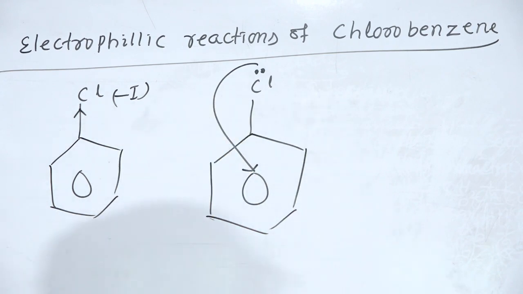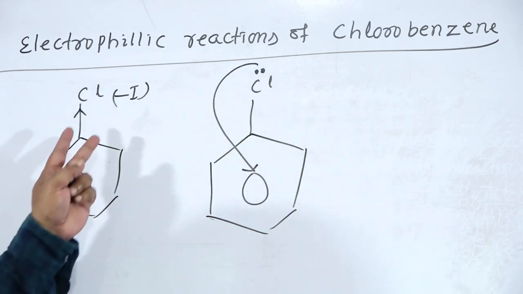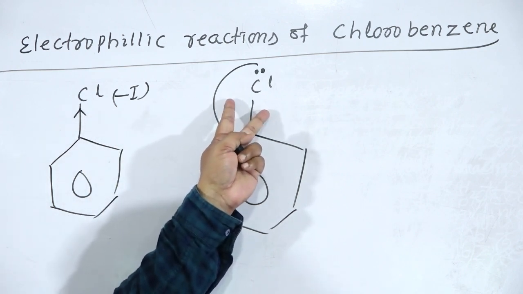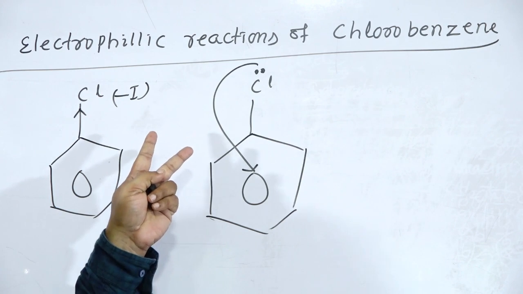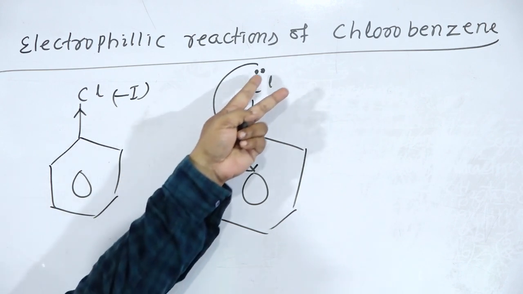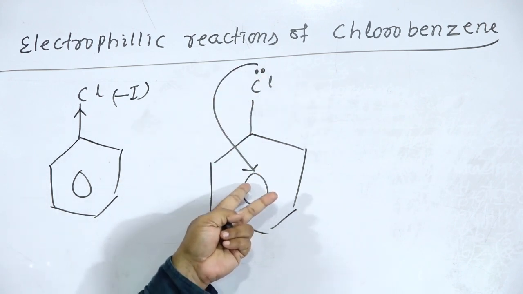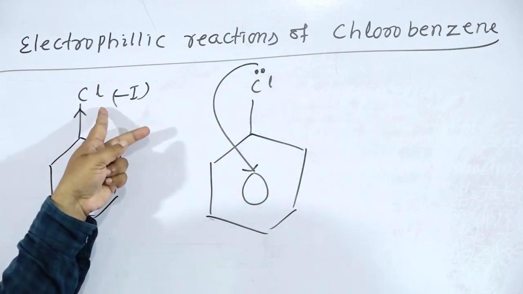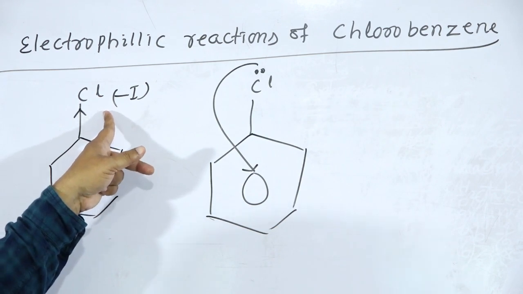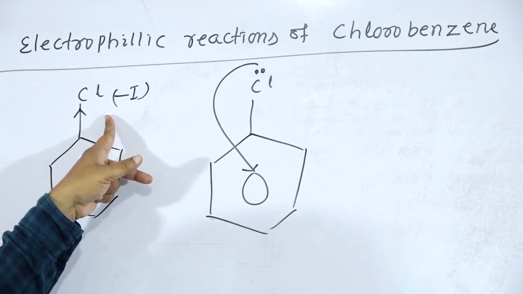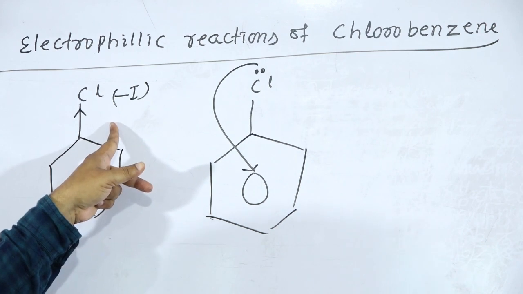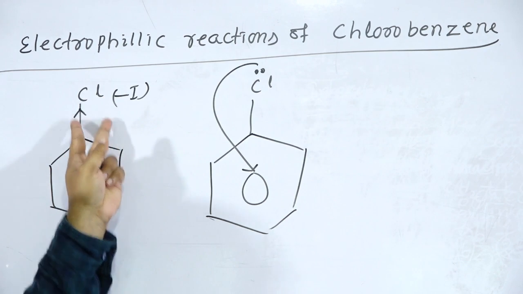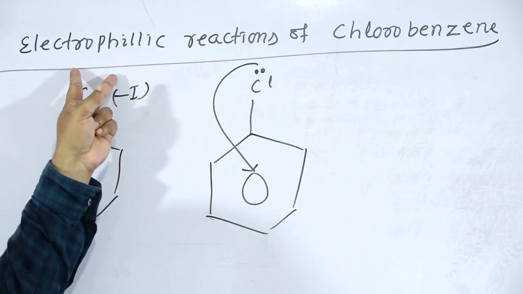So two effects take place, that is the inductive effect and resonance, in opposite directions. Resonance increases electron density in the ring because the chlorine atom contains a lone pair of electrons, but the chlorine atom is an example of a minus I group, which will withdraw electron from the ring, that will decrease electron density in the ring. In this case, the chlorine atom is an electron withdrawing group.